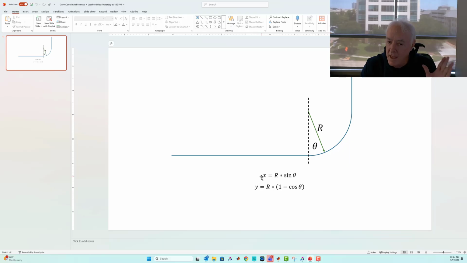The X movement starting from the turn will be R sine theta. Does that make sense? We have a constant radius and a theta, and sine is opposite over hypotenuse. With a little more calculation, Y is going to be R times (1 minus cosine theta). Hopefully that makes sense.